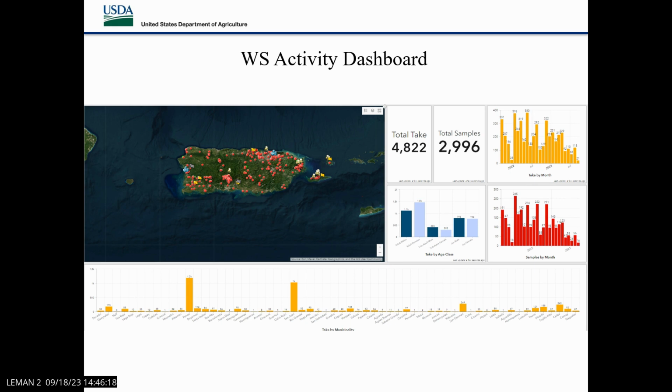So we have been doing rolling deployments for almost 2 years now, doing feral swine work extensively throughout the island of Puerto Rico, as well as the Virgin Islands, but population densities are really, really different. In those 2 years, we've taken just under 5,000 feral swine, and these are pretty distinct compared to their counterparts within the continental US, as well as the US territories and islands.